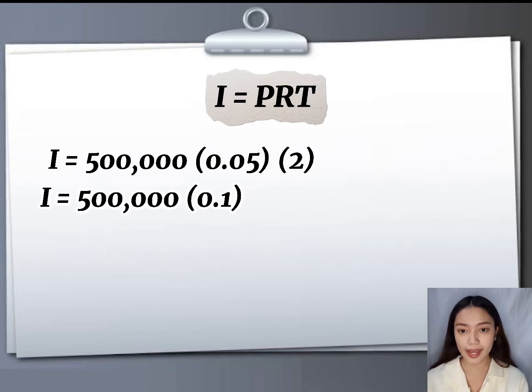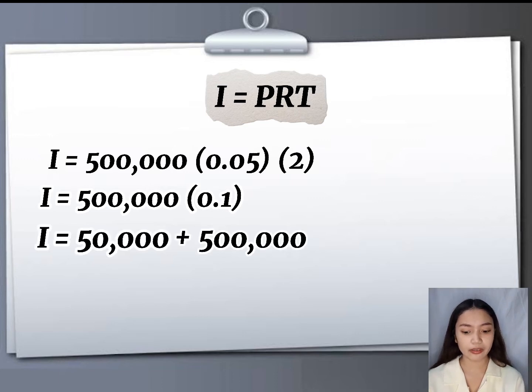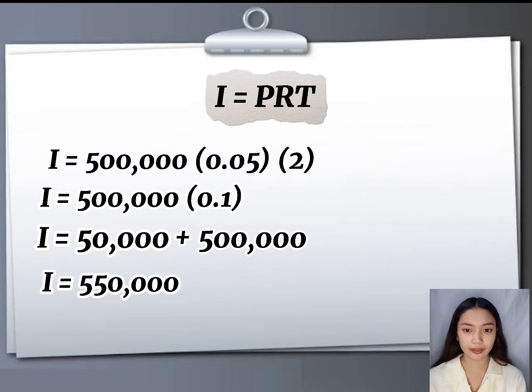We have now I is equal to 500,000 multiplied by 0.1, which is 50,000. Let us add the amount of the principal to find the total. 50,000 plus 500,000 is equal to 550,000. 550,000 is the total amount after 2 years.